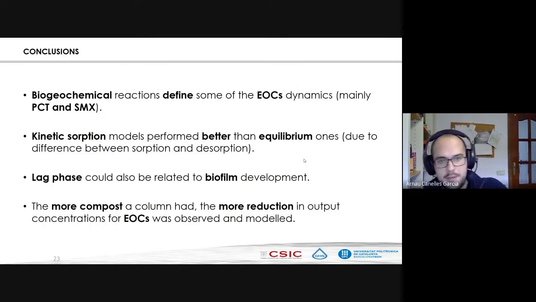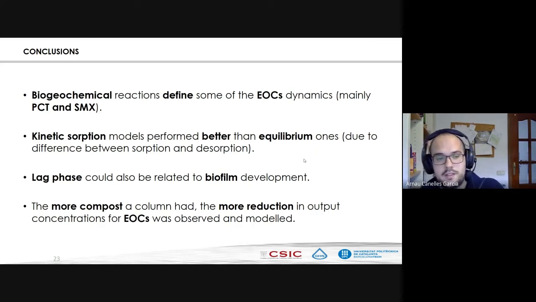So in order to sum up and conclude this seminar, we see that there are some emerging organic contaminants that are significantly affected by the biogeochemical cycles, mainly paracetamol and sulfamethoxazole, which depend on the nitrification and denitrification processes. Their transformation and degradation is affected.